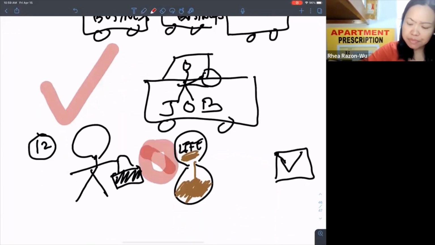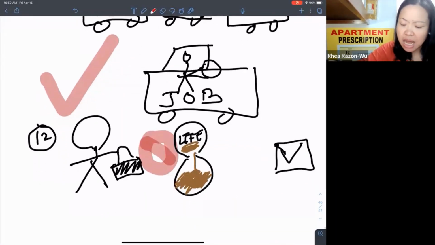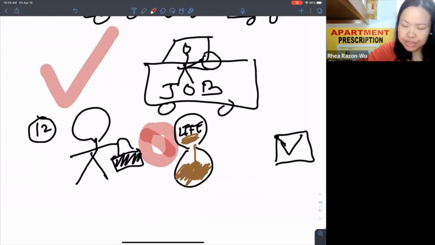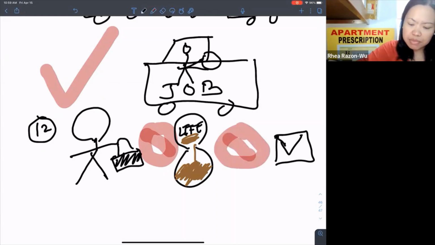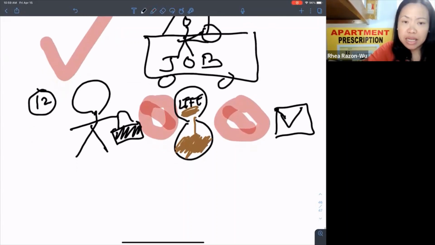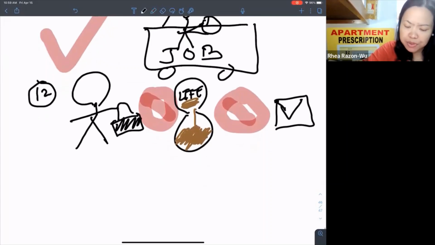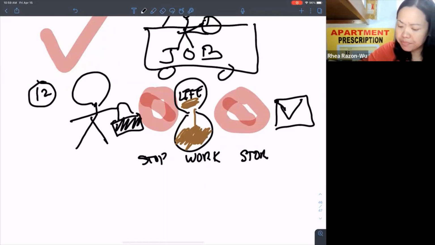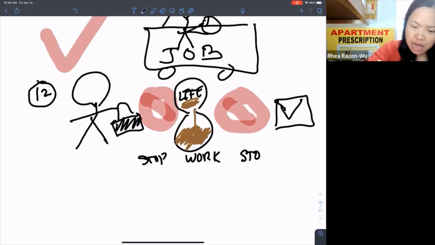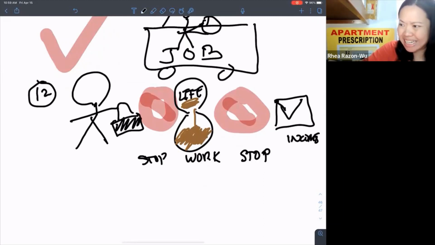Because if the self-employed stop working, which is this earned income here, then their paycheck stops. Let me repeat. If the self-employed stops working, then their money, their paycheck stops coming in. So there's no more income.